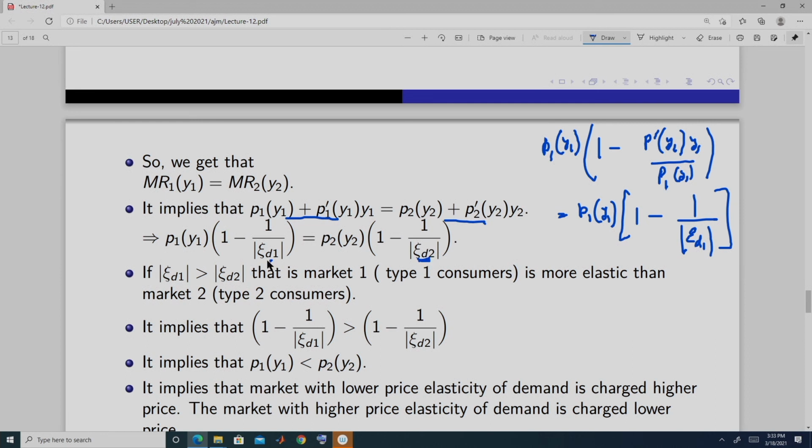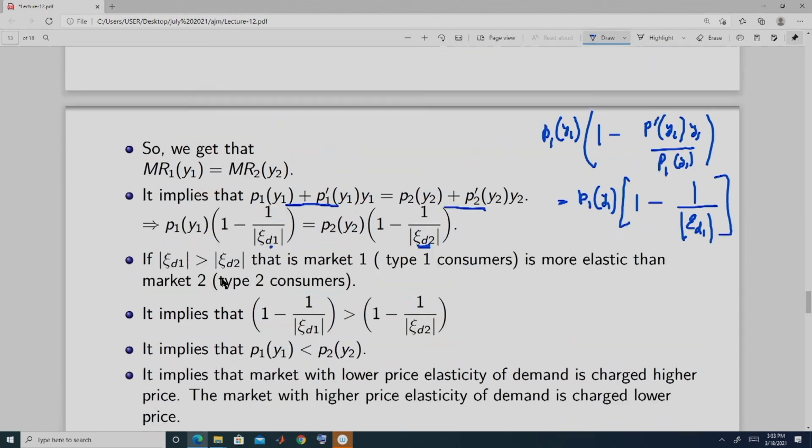Now, these two things should be equal, and suppose the elasticity in market 1 is more than the elasticity in market 2. Then what do we get?